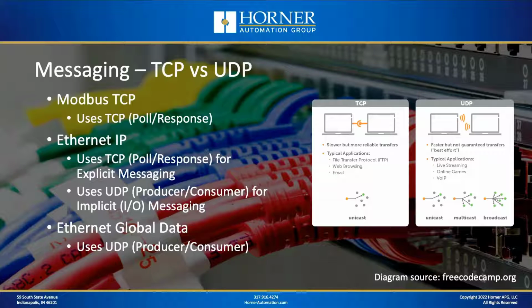Now, Ethernet Global Data, which is my third protocol that I'm telling you all about today, it's strictly a UDP protocol following that consumer producer model. So in the case of the implicit IO messaging as well as the regular messaging for Ethernet Global Data, you don't have any retries built in to the protocols.